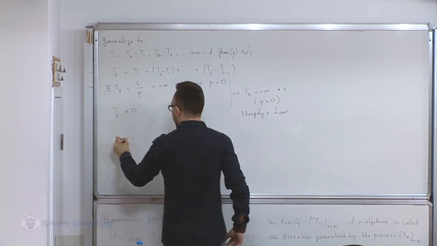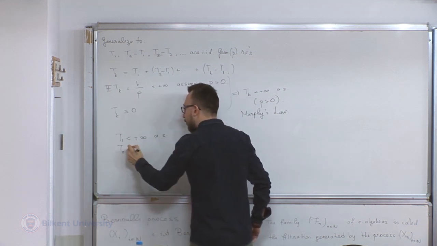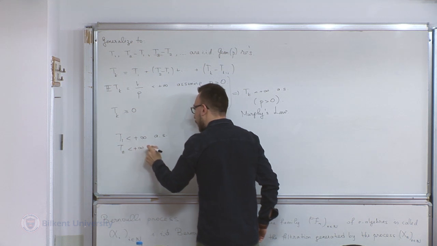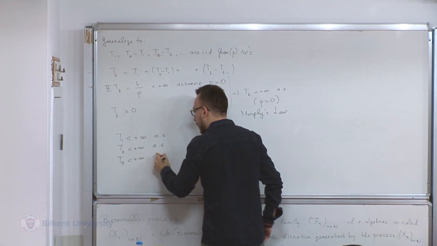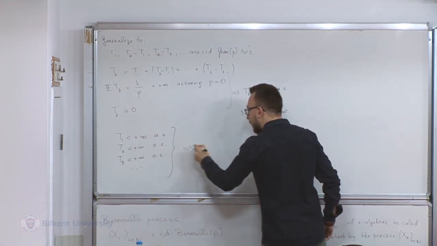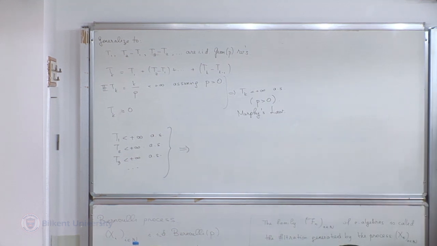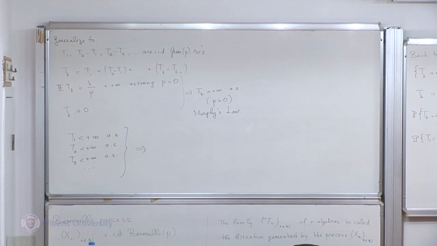So in fact, we have T1 is finite almost surely, T2 is finite almost surely, T3 is finite almost surely, etc., etc. And you have countably many of them. Since a countable union of null sets is null, in probability theory, we can also say it as: a countable intersection of almost sure events is almost sure.